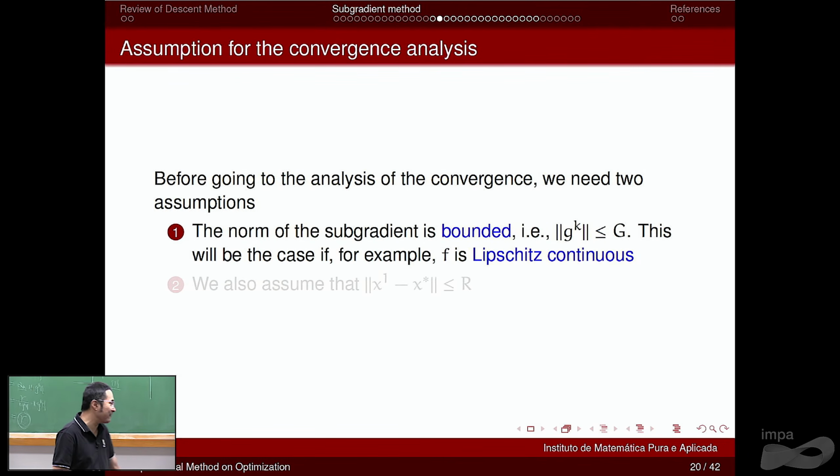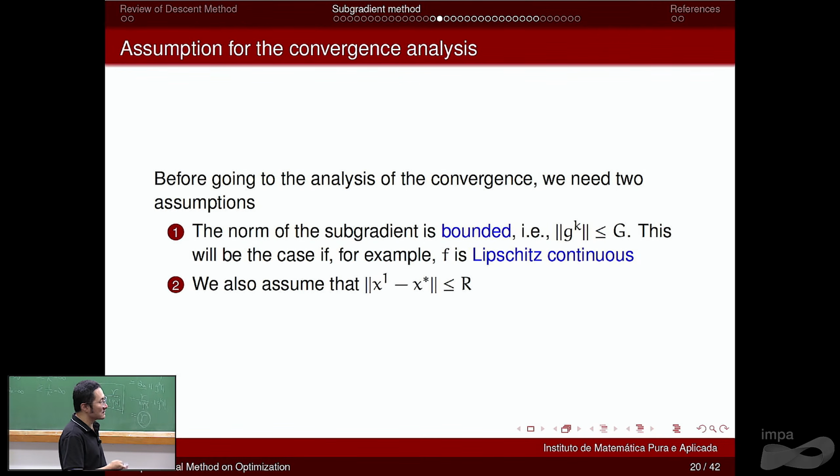For example, if f is Lipschitz continuous, this can be satisfied. Also, we have already proved that. Do you remember property 3 we mentioned before? On a bounded set, the union of the subdifferentials is still bounded. So this is not a strong assumption.